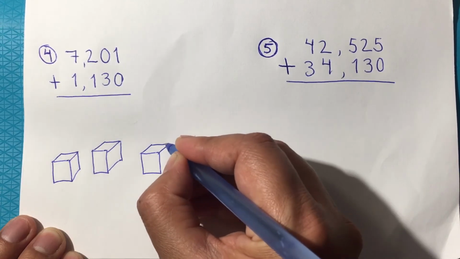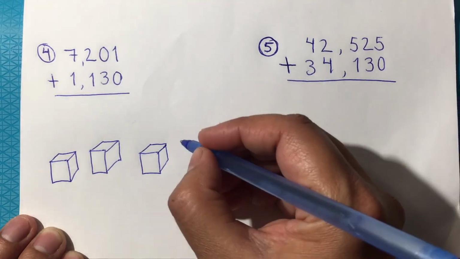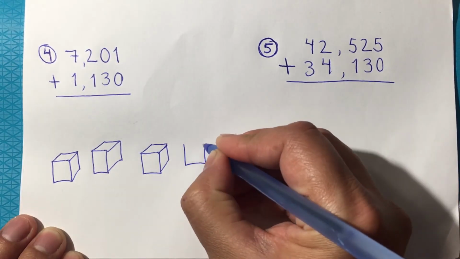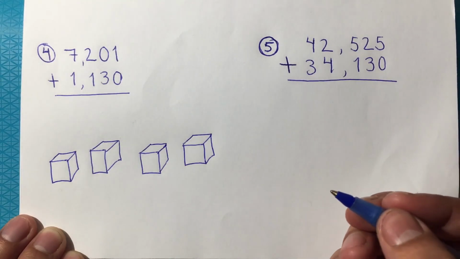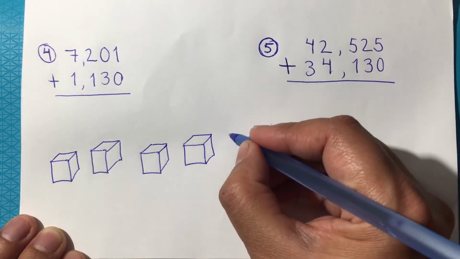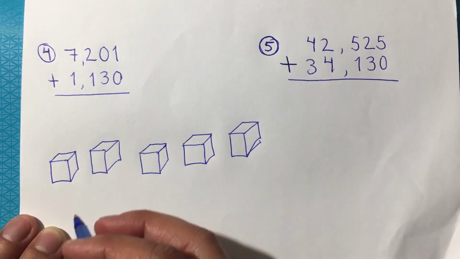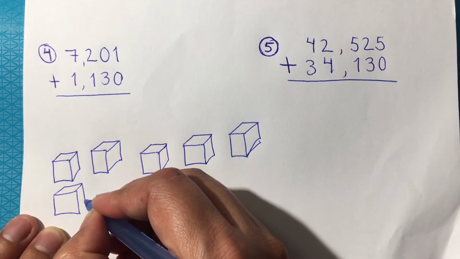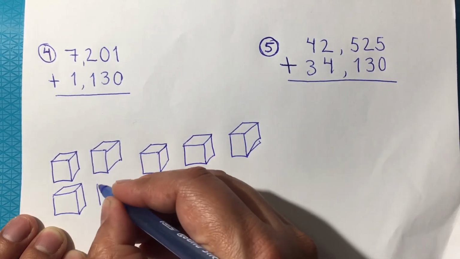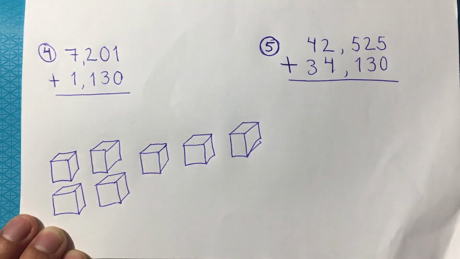I think it's easier if I do the square first. 3,000. 4,000. 5,000. 6,000. 7,000.